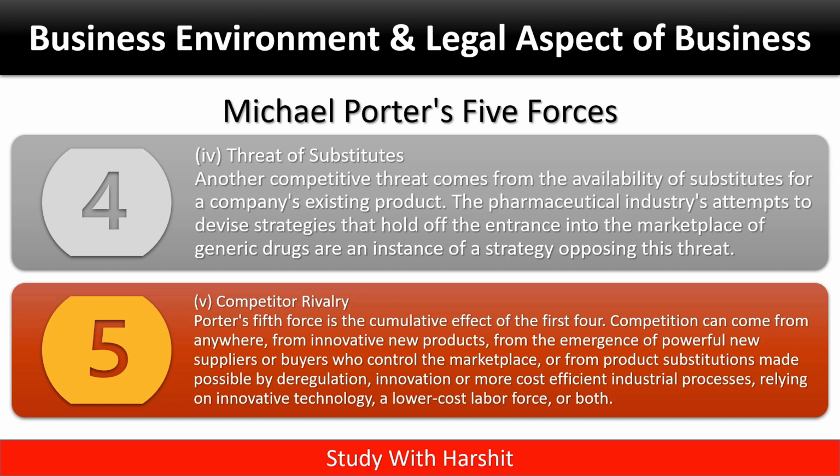Competitors can come from anywhere, from innovative new products, from the emergence of powerful new suppliers or buyers who control the marketplace, or from product substitutes made possible by deregulation, innovation, and more efficient industrial processes relying on innovative technology, a lower cost labor force, or both.